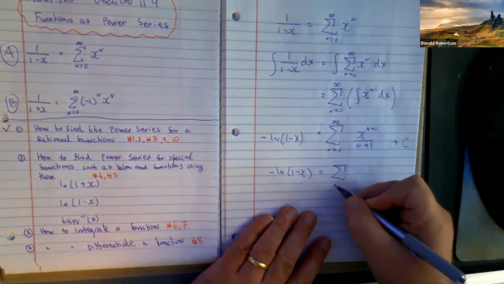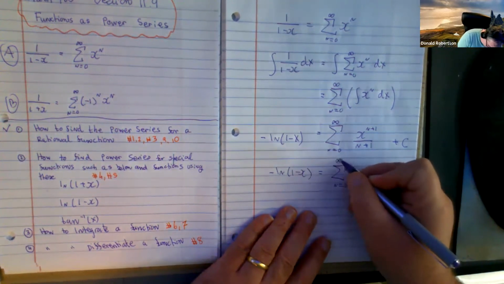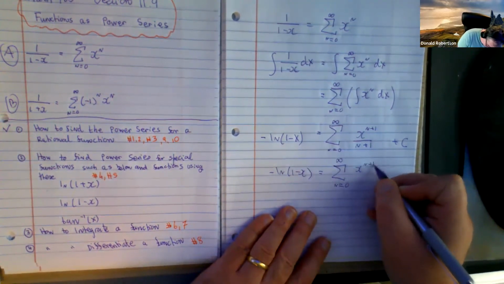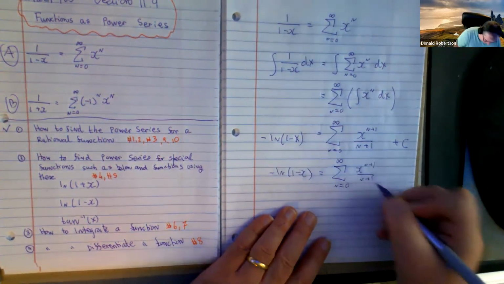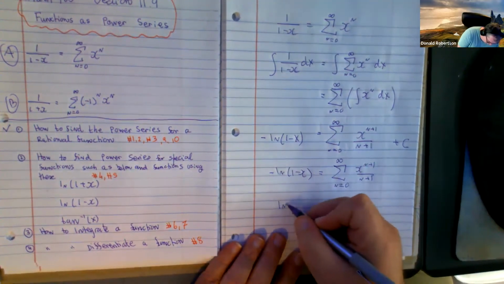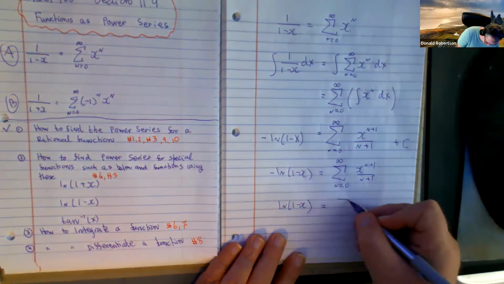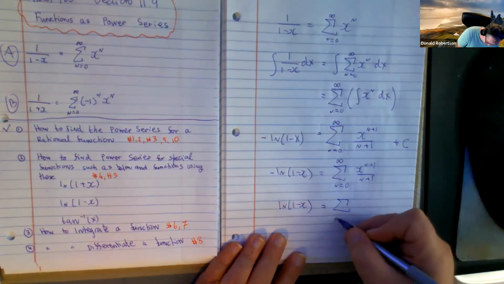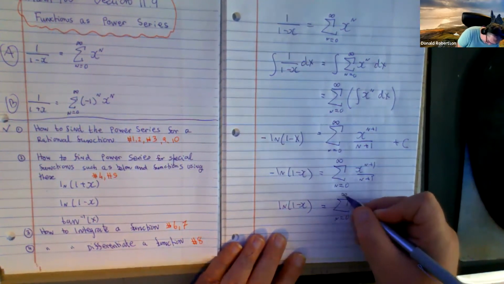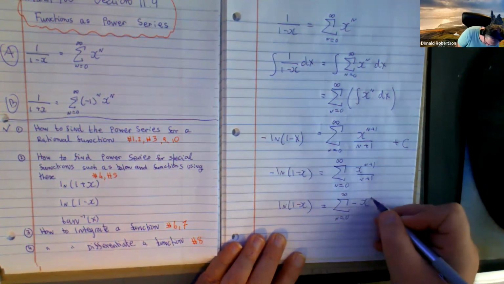And he is sigma n equals 0 to infinity there. And I want to know what the power series of the natural log of 1 minus x is. And the answer is slightly ugly.